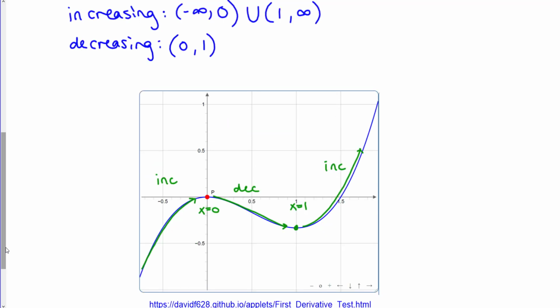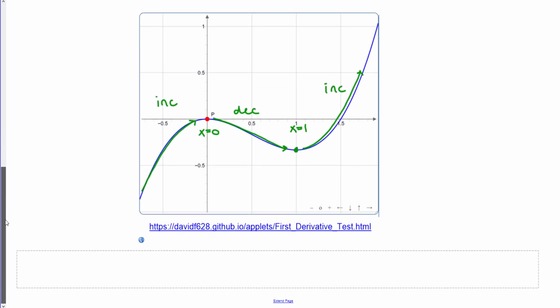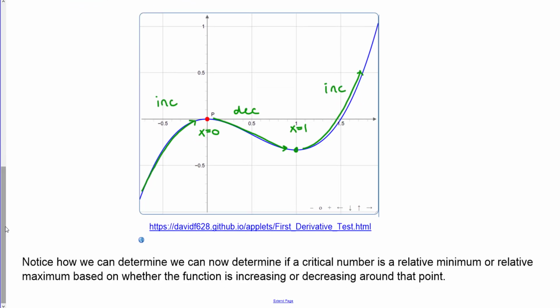And also notice that if we know whether our function is increasing or decreasing around a relative extrema, we actually have a means of determining if those relative extrema are minimums or maximums.